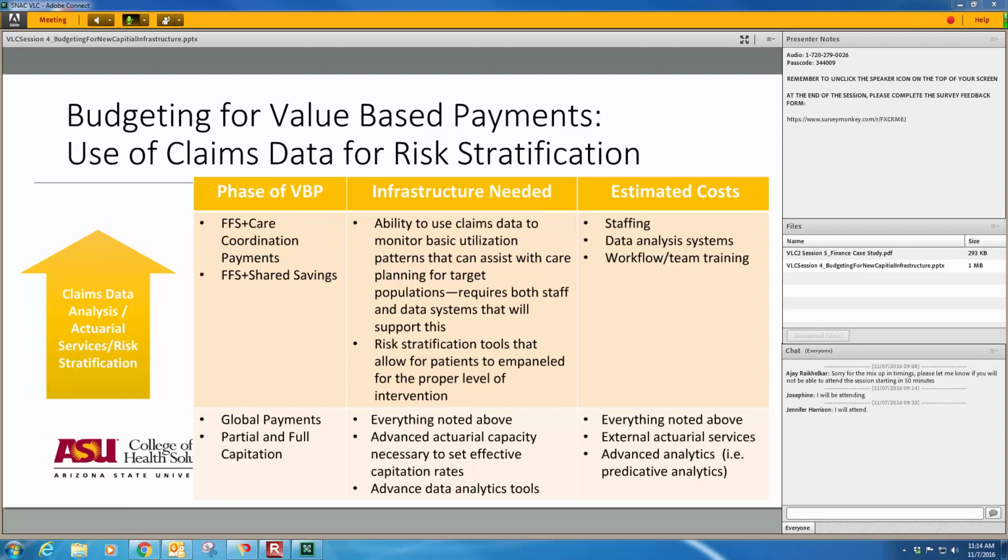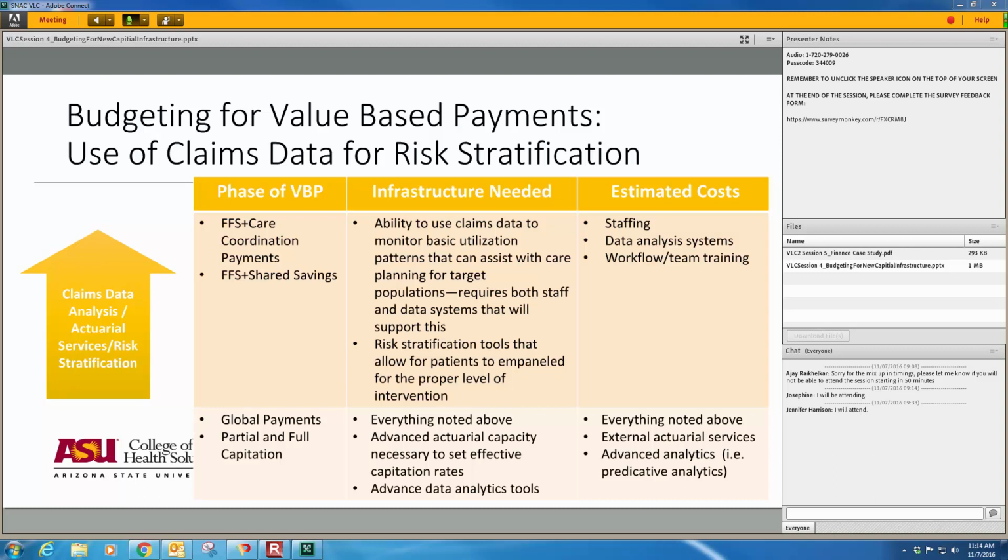When you get into the more complex models like global payments and full capitation, this is where you're really going to need support in understanding true risk stratification and actuarial capacity. This is where you start to see things like advanced data analytics and predictive analytics tools.